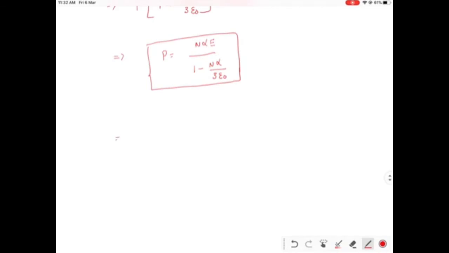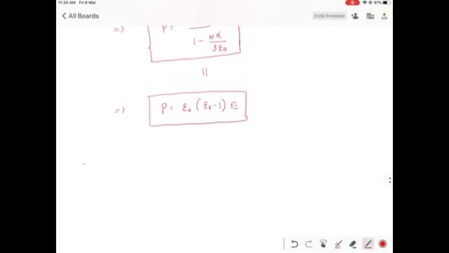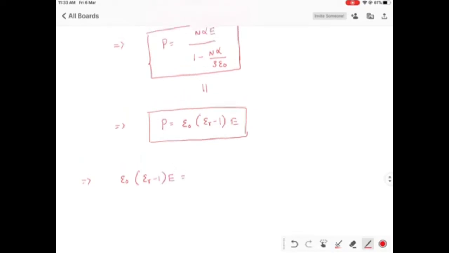Similarly, P is equal to epsilon naught into epsilon r minus 1 into E. Both are P, so equating the two equations, epsilon naught into epsilon r minus 1 into E is equal to N alpha E by 1 minus N alpha by 3 epsilon naught.